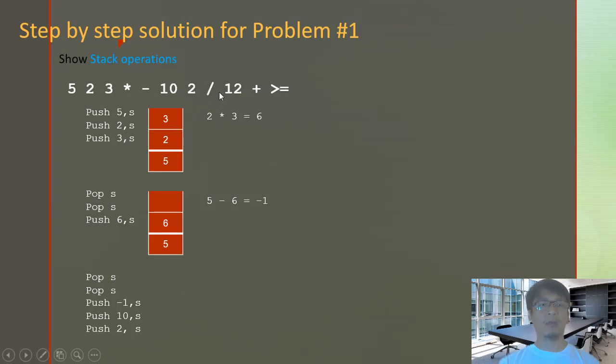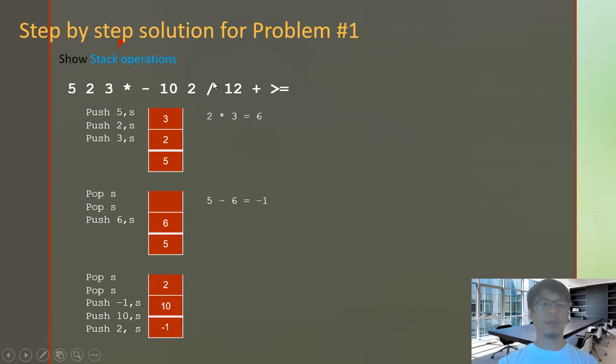Then if we encounter an operator, we stop and evaluate first, popping two values. As we update our stack, it shows we have -1, 10, and 2.